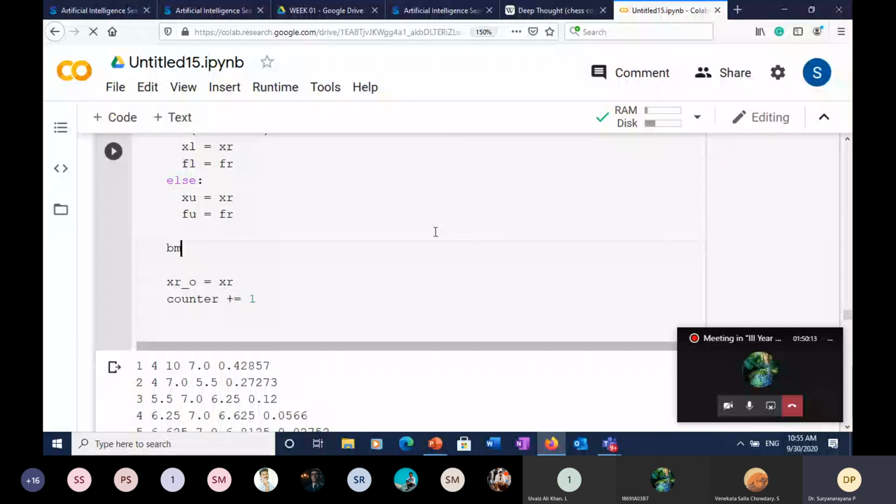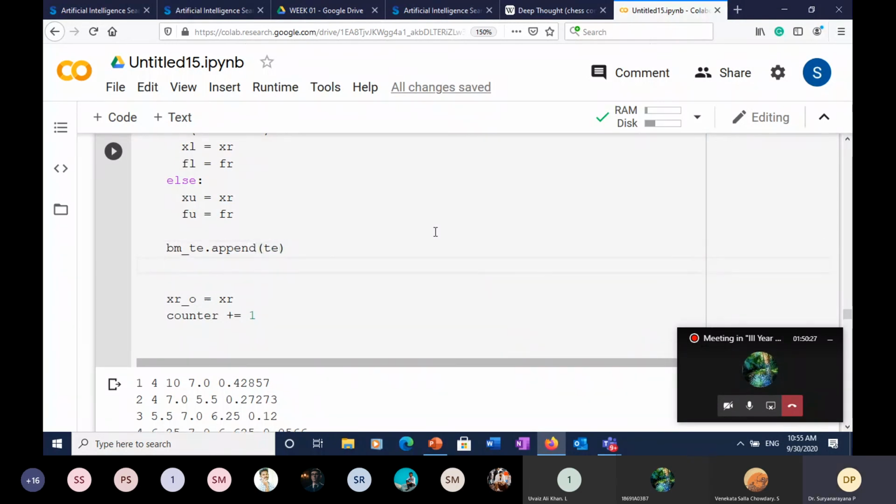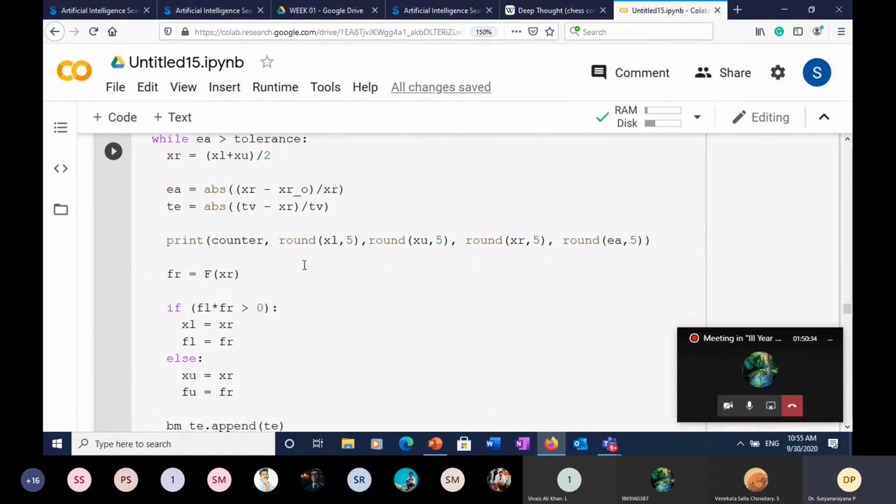So what I'll do here is, at the end of each iteration, we'll say bisection method true error dot append. You know this list, right? True error and bisection method approximate error. Okay, what did I use here?